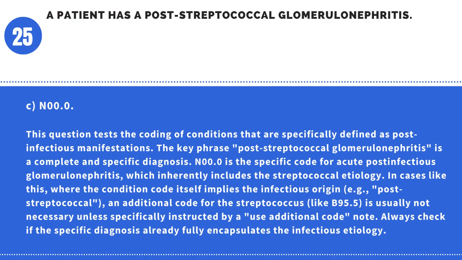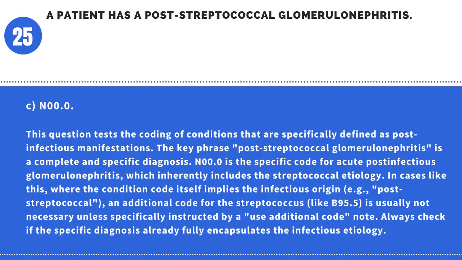This question tests the coding of conditions that are specifically defined as post-infectious manifestations. The key phrase, post-streptococcal glomerulonephritis, is a complete and specific diagnosis. N00.0 is the specific code for acute post-infectious glomerulonephritis, which inherently includes the streptococcal etiology.